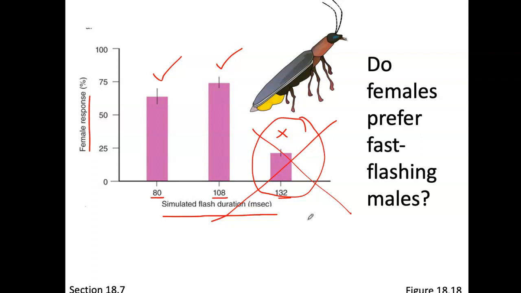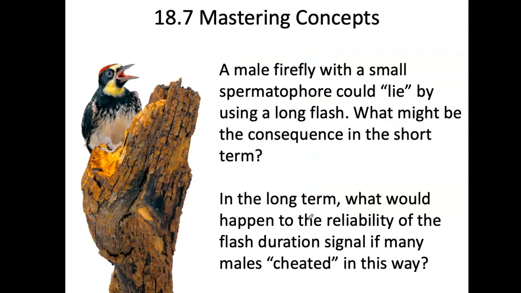There's a question here that I'm going to end with, and that is, a male firefly with a small spermatophore could cheat, right? He could lie by using a really long flash. And what might be the consequence in the short term of this? So think about it.